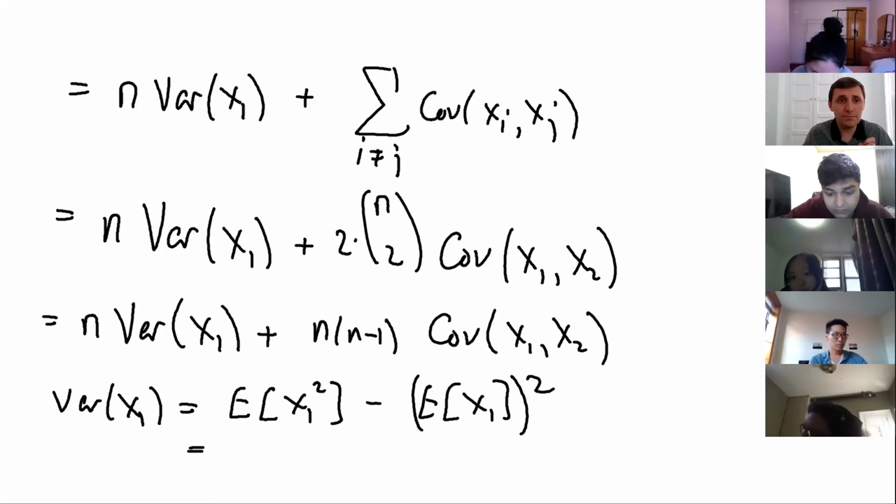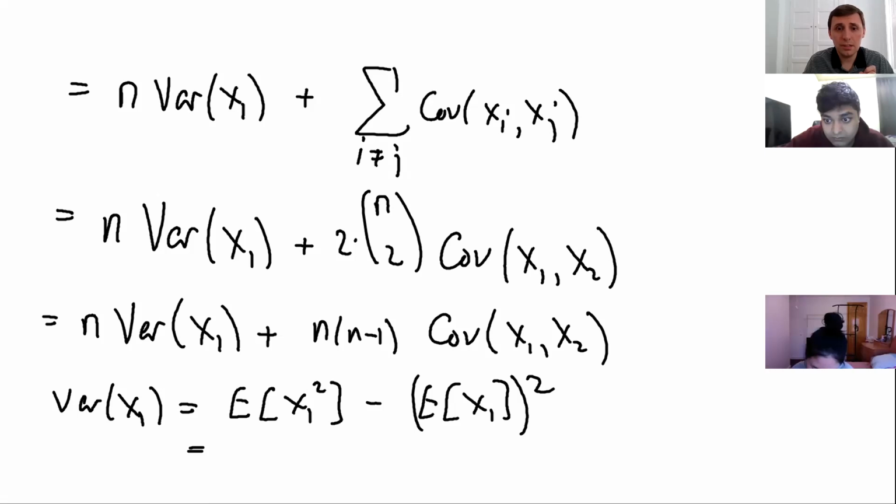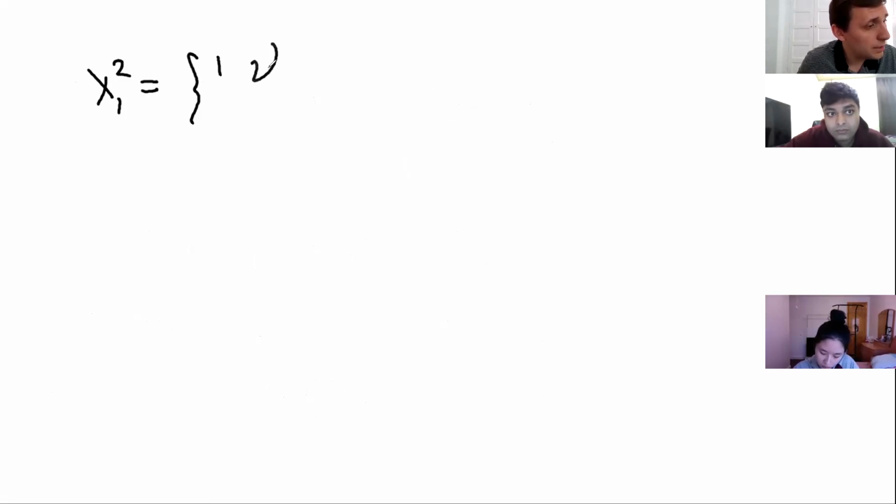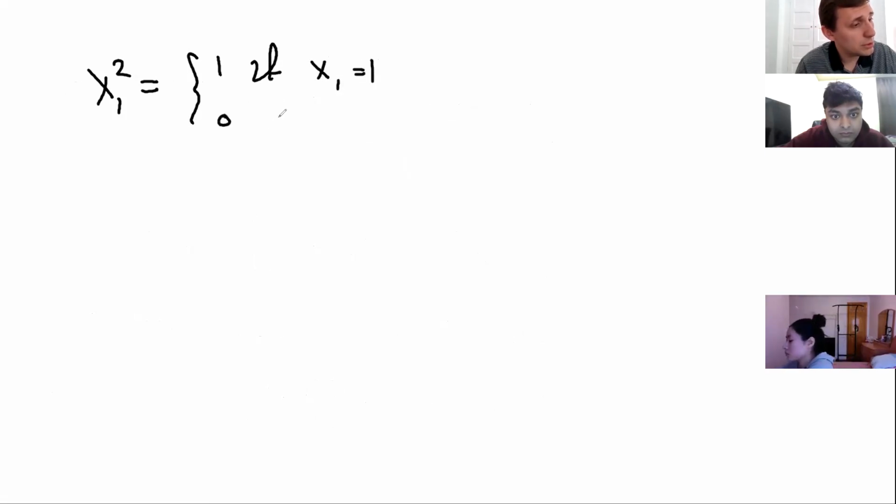Let's see. All right. Here is what it is, guys. What is x1 squared? It's equal to 1 if x1 is equal to 1 and 0 otherwise. Right?